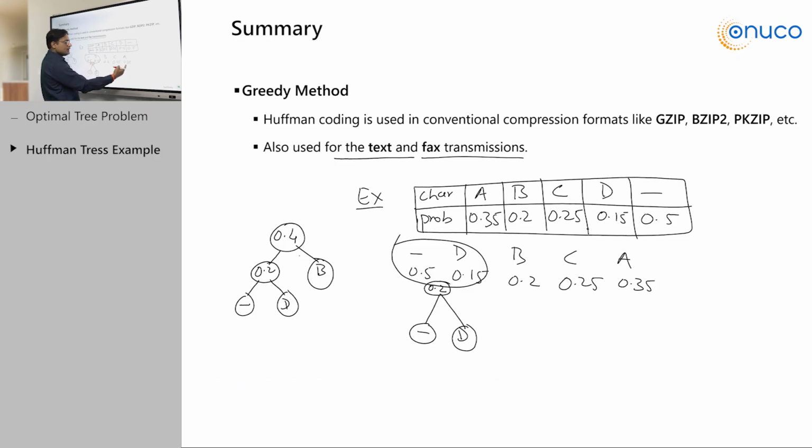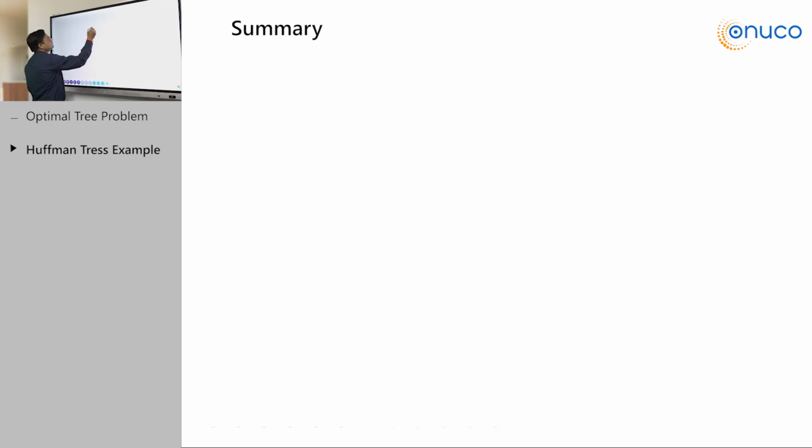Which letters are we going to combine? C and A. Keeping in mind that the C value is lesser and A is greater, C will be on the left side and A on the right side. We add 0.35 and 0.25, and it becomes 0.6.